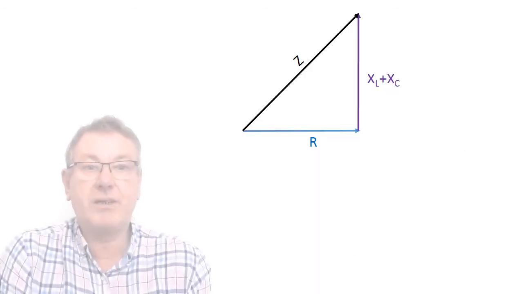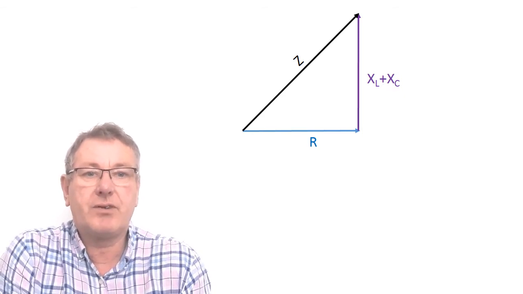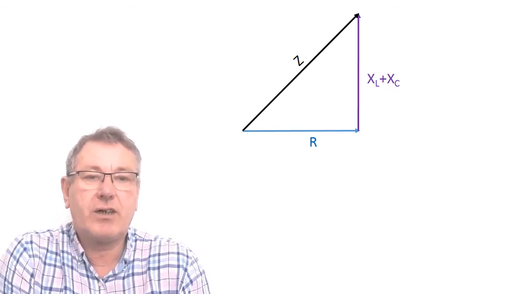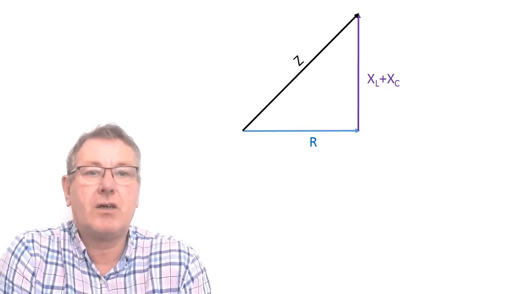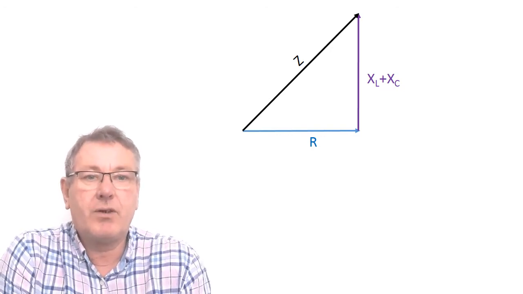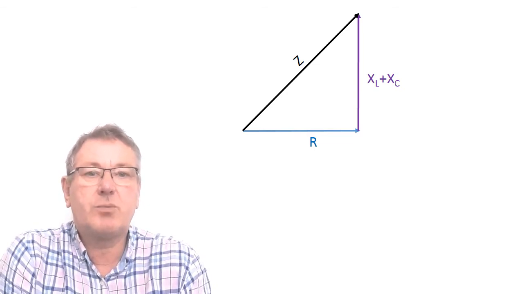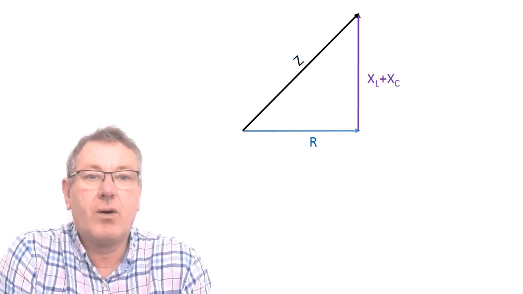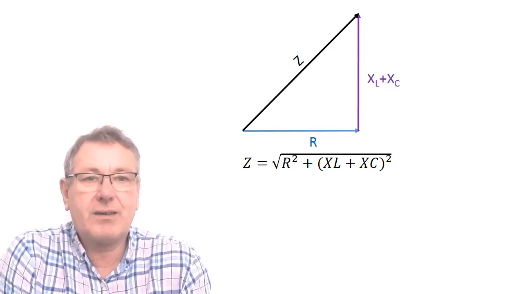So this is the impedance triangle from the last slide. We've got Z on the hypotenuse, we've got a right angle triangle, we've got resistance across the bottom, and we've got reactance up the side. And we know what the resistances and the reactances are, so we can use Pythagoras to work out what the impedance is. So Z is the square root of R squared plus (XL plus XC) squared.